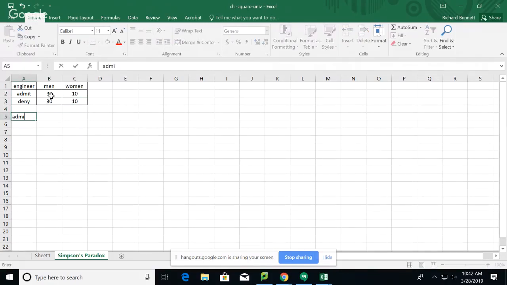What's the admission rate for the men? It's 50%. What's the admission rate for the women? It's also 50%. You guys didn't even need to use a calculator to figure that out, right? So they said, okay, so clearly there is no discrimination in the engineering department.